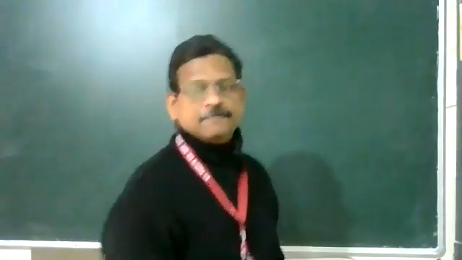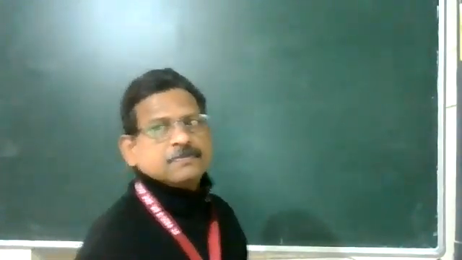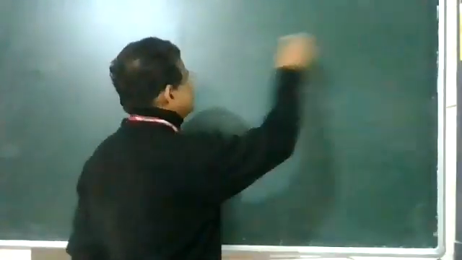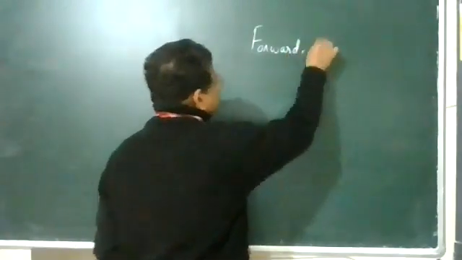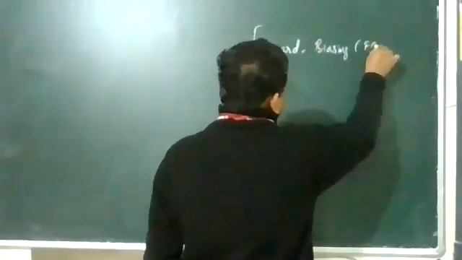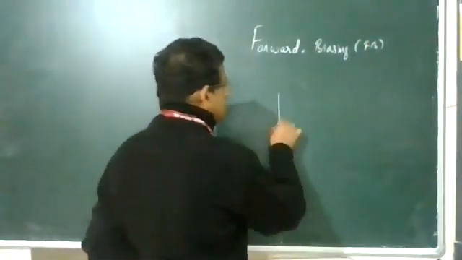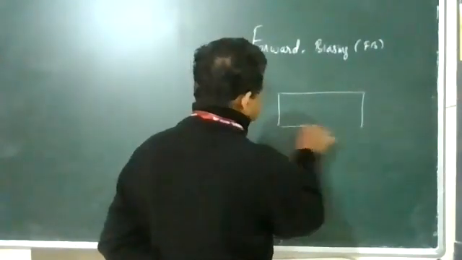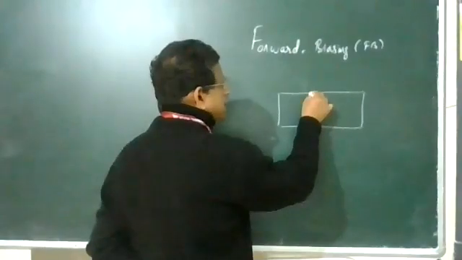Forward biasing, FB. Block diagram. At the junction we have a barrier electric field.